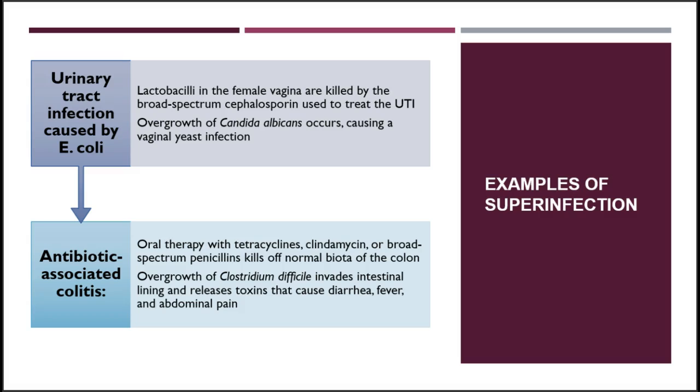Overgrowth of Clostridium difficile invades intestinal lining and releases toxins that cause diarrhea, fever, and abdominal pain. So those are just a couple of examples of how use of antibiotics can wipe out the normal good flora on our body surfaces and within body cavities, and then those opportunistic pathogens are given an opportunity to overgrow and cause additional problems.